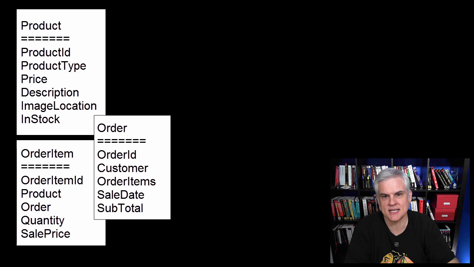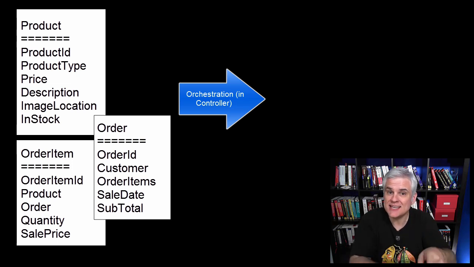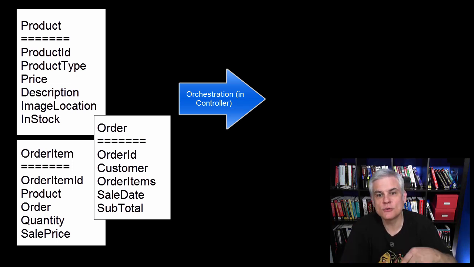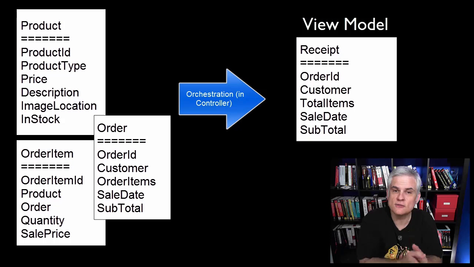The requirements of your business may demand that a given view include properties from multiple classes in the domain model. In this case, you'd want to shape the view model as it's used in the view. In other words, you would create new classes that combine the properties from several other classes in the domain layer for a particular view.